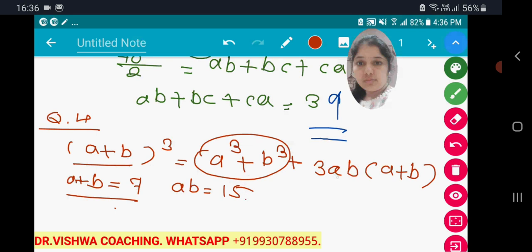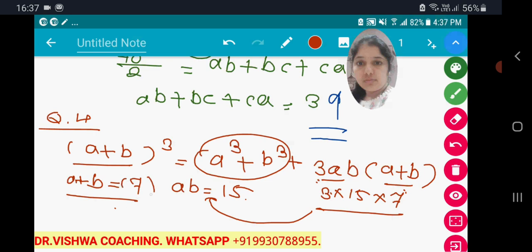Put the value of AB as 15, multiply it with 3, and here you also put the value of A plus B as 7, so multiply 3, 15 and 7 with each other. Then when it comes to the left side of the equal to sign, it gets subtracted from the answer we got by doing 7 cube. Okay, and you get your answer.